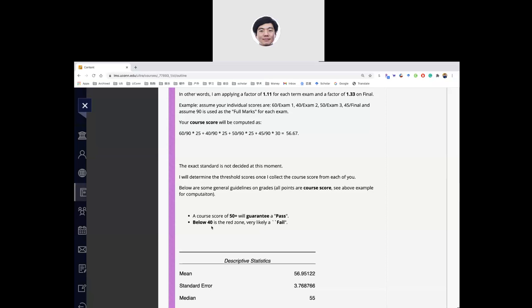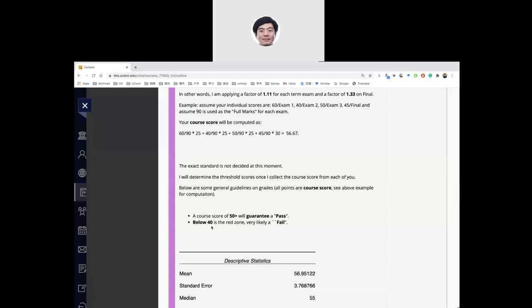The basic line is I'm not that strict in grading and giving you grades, so I don't want to put exactly a standard here. Let's say I put 45, and maybe someone got 44.9. It's just too cruel to fail that person, so I will downgrade to 44.9 instead of 45.